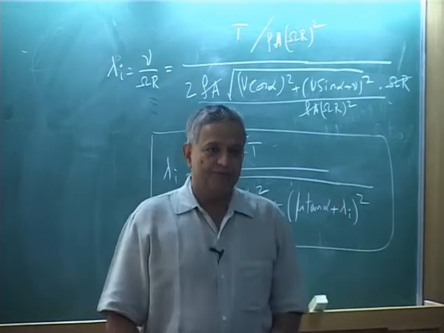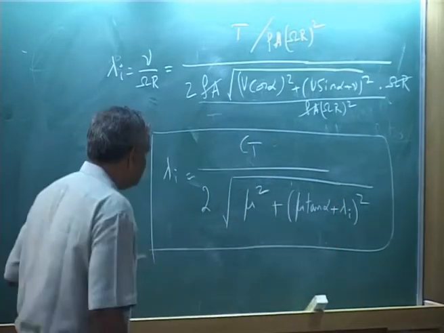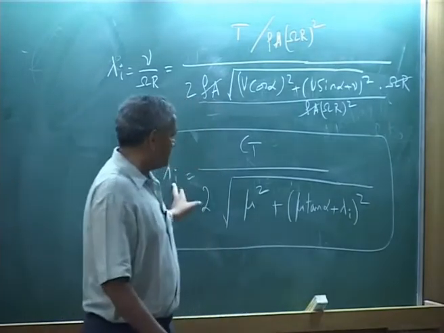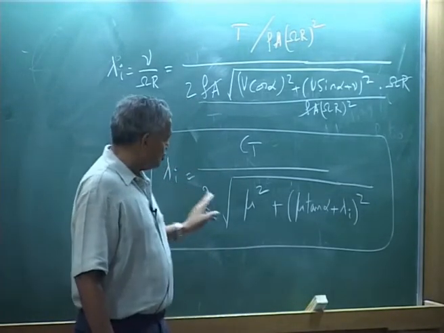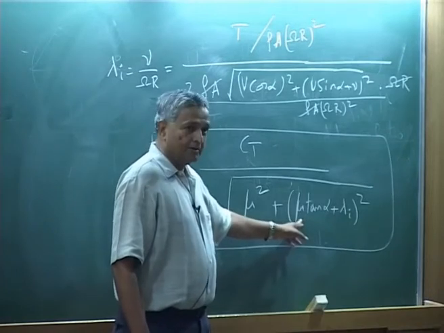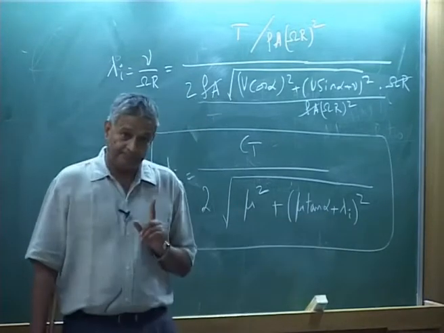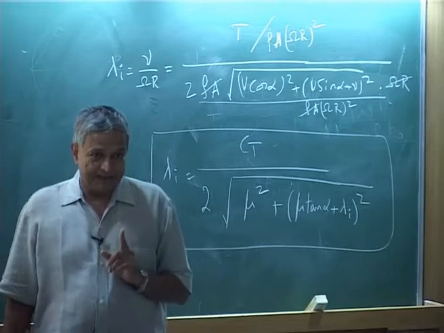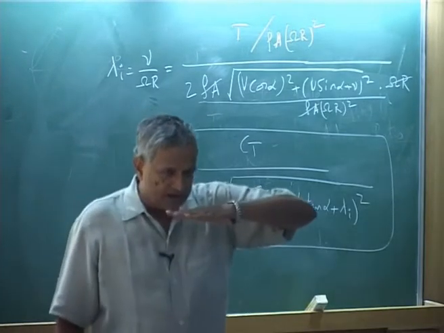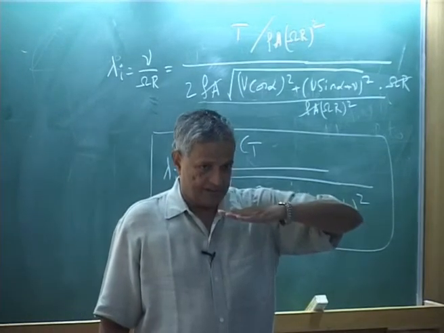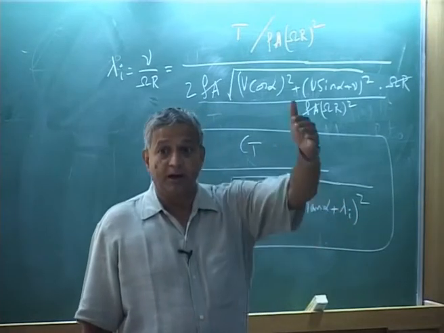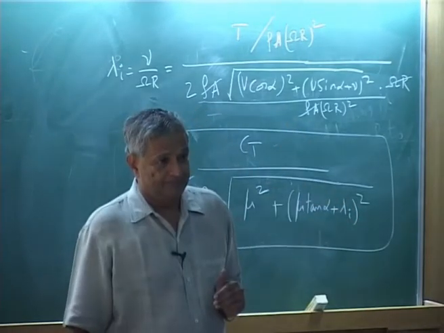Okay. So now the question is, if you want to get this, you need to know mu, you need to know alpha. That means the orientation of the disc with respect to the oncoming flow, that you must know.